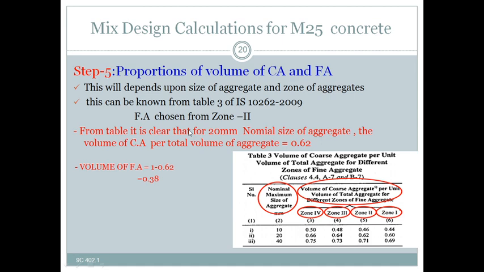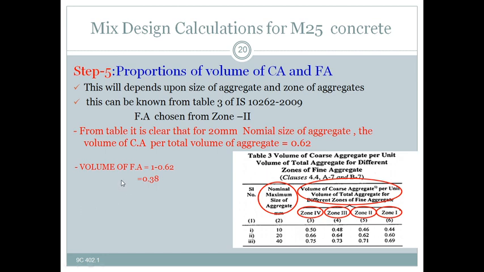From the table it is clear that for 20 mm nominal size of aggregate, the volume of coarse aggregate per total volume of aggregate is 0.62. Here 20 mm is the nominal size and the zone of fine aggregate is zone 2. The value corresponding to 20 mm and zone 2 is 0.62. This is the volume of coarse aggregate in total volume of aggregates.